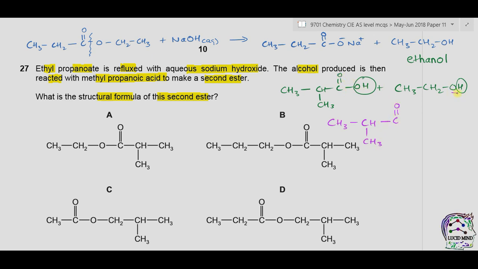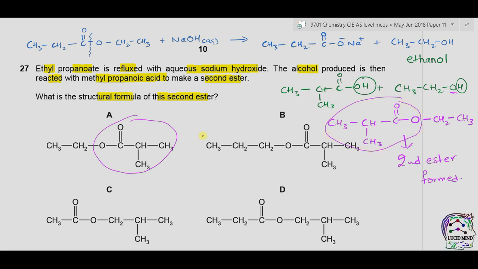After this we have this oxygen, then this carbon, and then this CH3. This is the second ester that is formed. Among the given options, we can see that this is similar to this portion, and CH3CH2 is also present with the oxygen, so therefore A is correct.